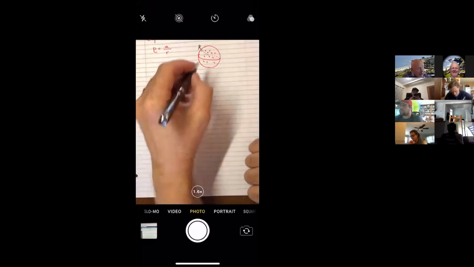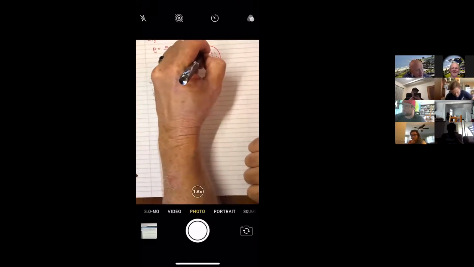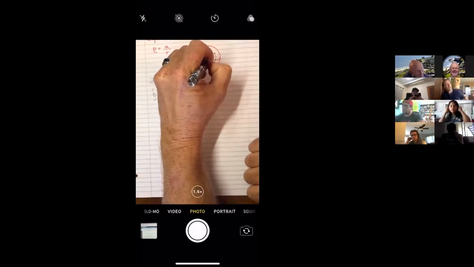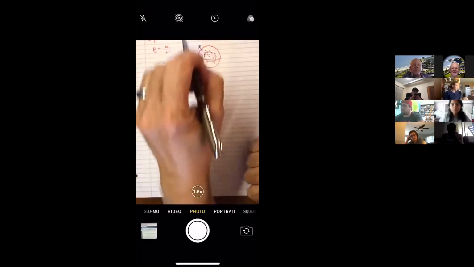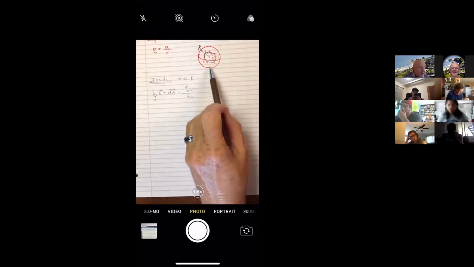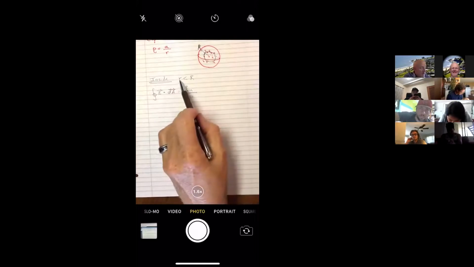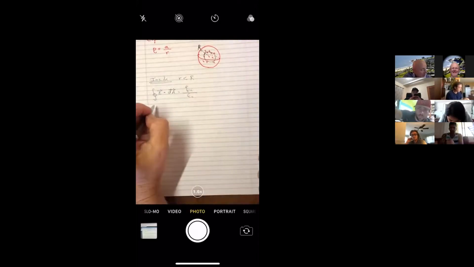So my Gaussian surface over here is going to be a sphere also, inside of this charged ball, because that's where I'm trying to find the field.